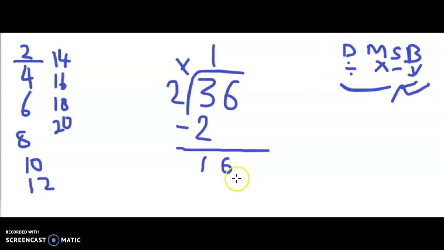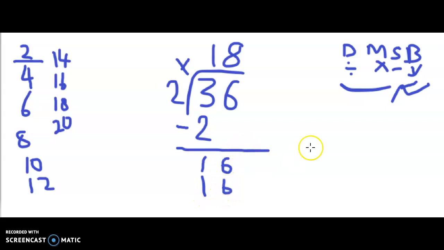So let's do that. 16 divided by 2 is 1, 2, 3, 4, 5, 6, 7, 8. After we divide, we times. So 8 times 2 is 16.